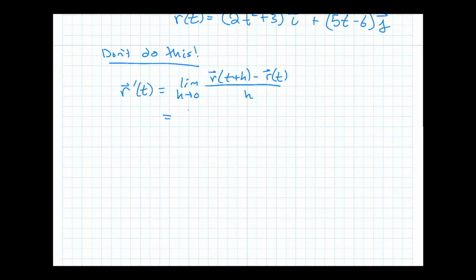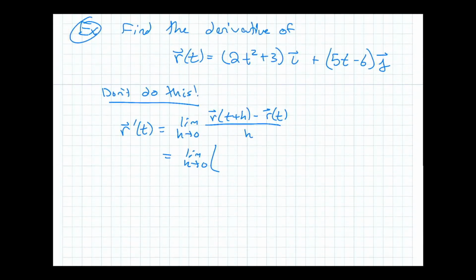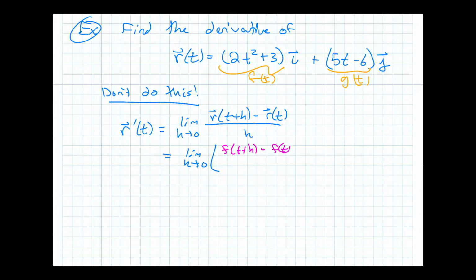That would be the limit as h goes to 0 of, if you call this f of t and you call this g of t, then f of t plus h minus f of t over h i, plus the limit as h goes to 0 of g of t plus h minus g of t over h, right?